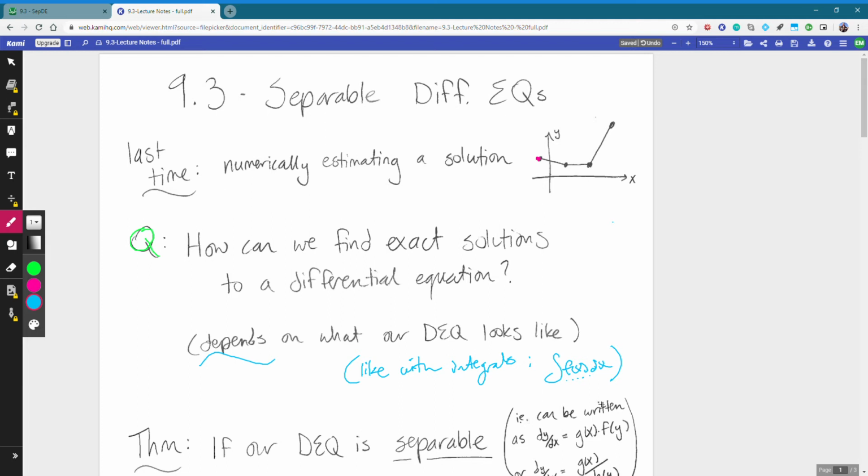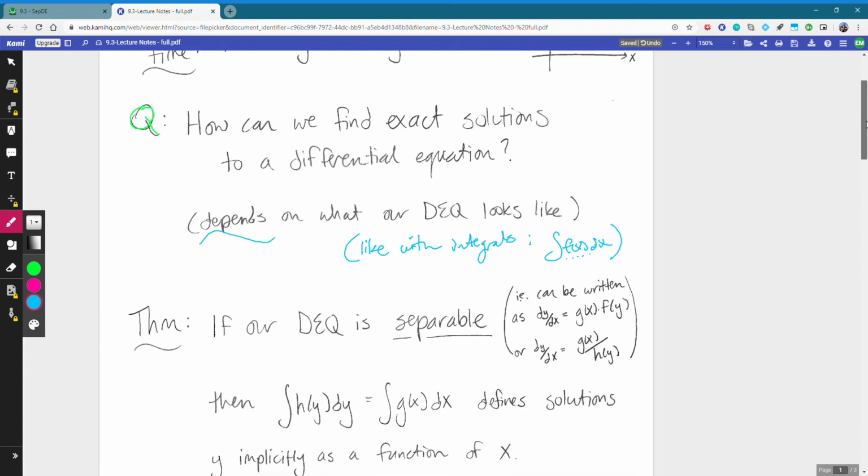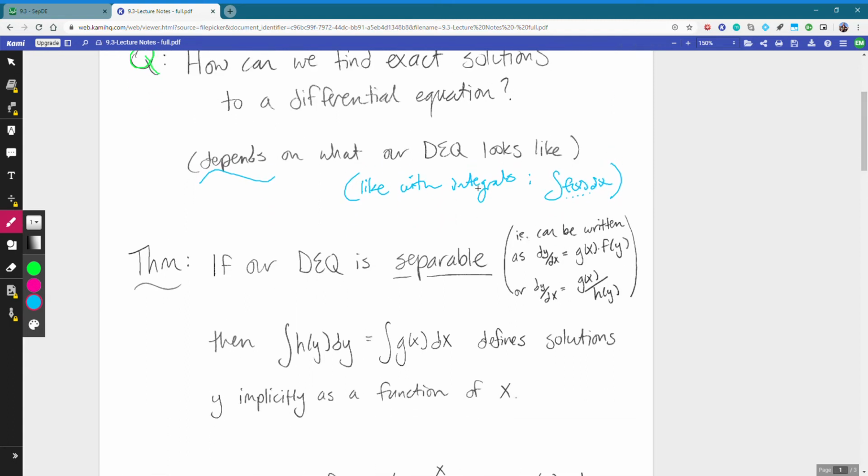Today we're going to look at one possible form of differential equations. If you go ahead and take a diff-EQ class, you'll see even more. The kind that we're going to think about are what are called separable differential equations, and these have a nice technique for getting solutions. All right, so here's the result.